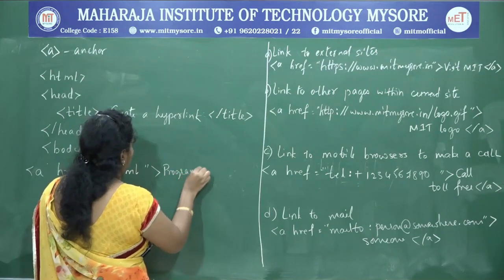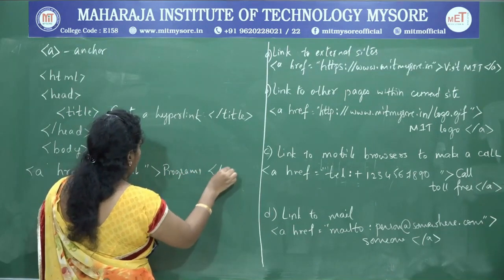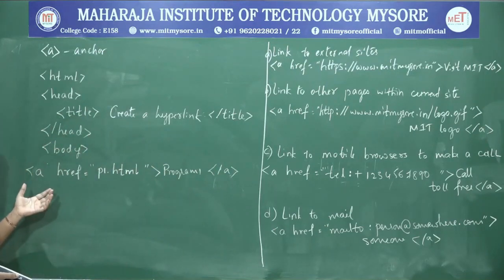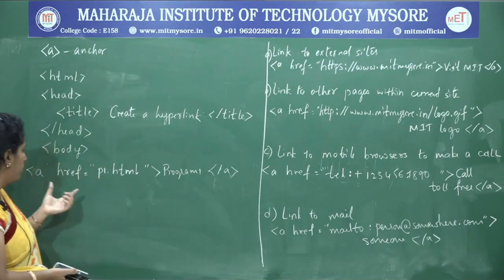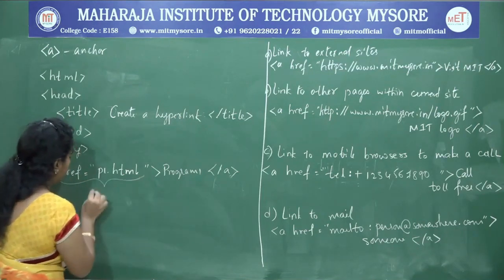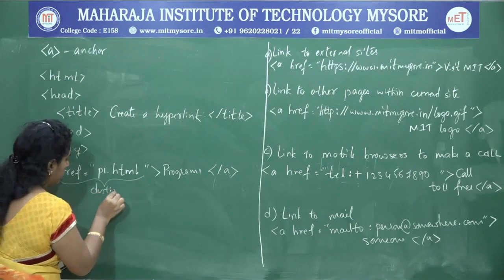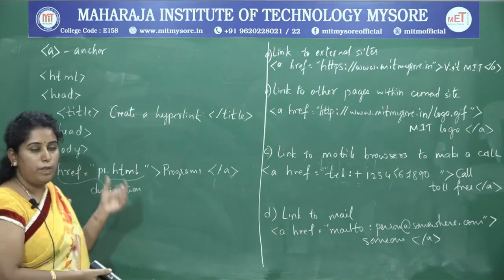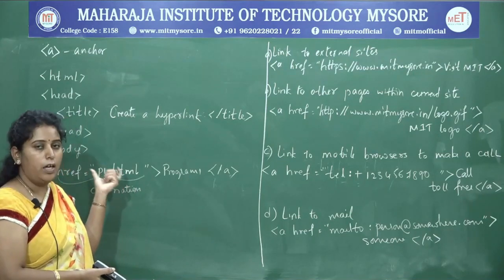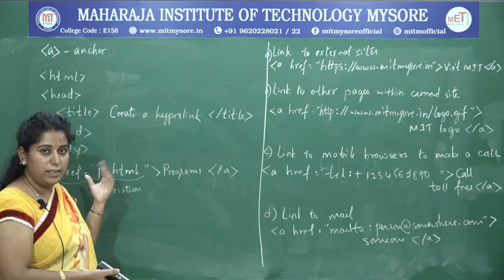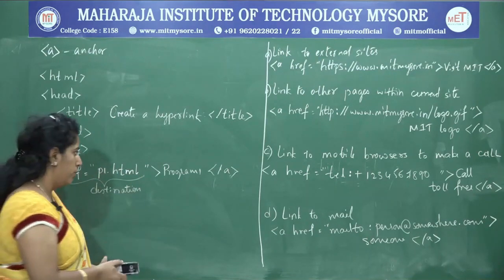Program 1, then close the anchor tag. Okay, so now by looking at this example, you can notice this is what we call the destination. The destination represents where we provide a link or a path from where we need to access the document or a resource.